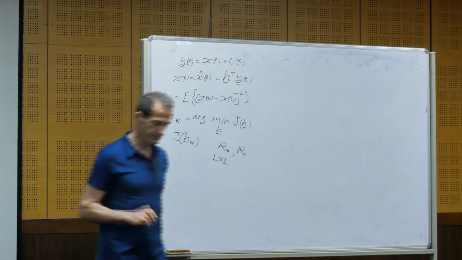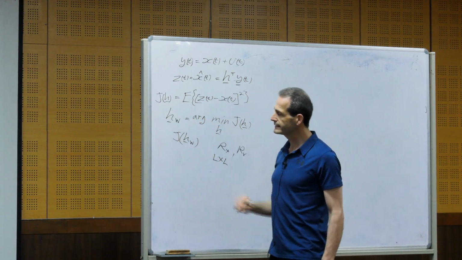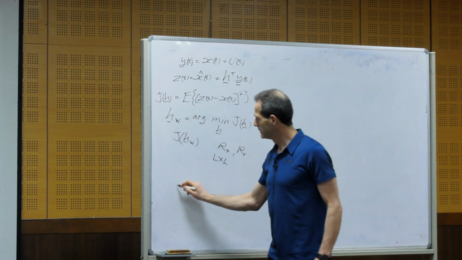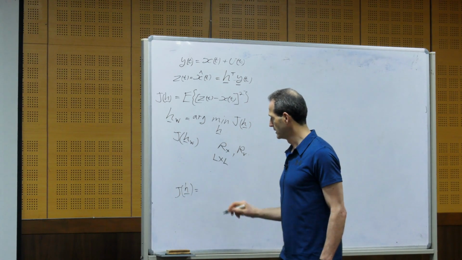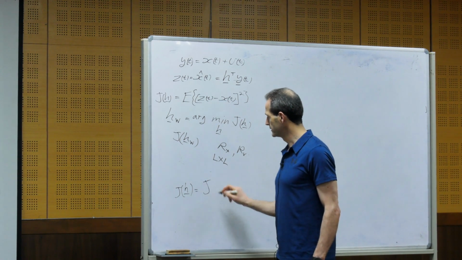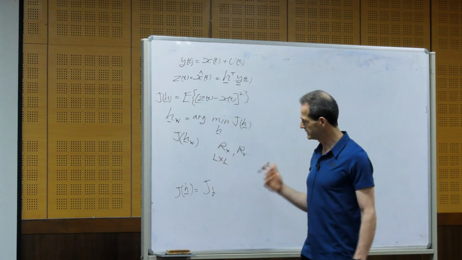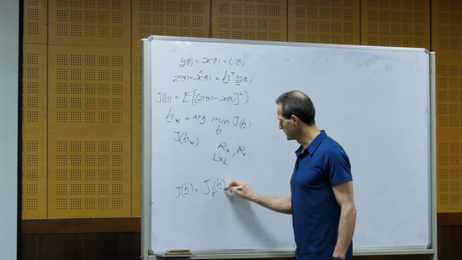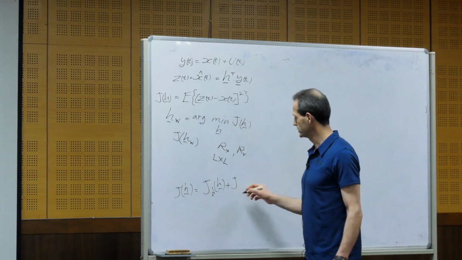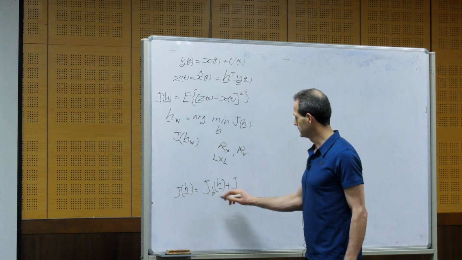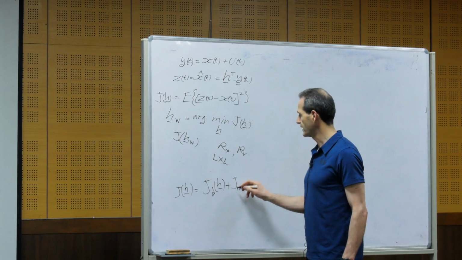Now, let's continue. We saw that we can write the mean squared error as a superposition of two terms. The first term, we call it J_D, comes from the distortion of the signal, plus a second term, which we can call residual noise, J_N or whatever.